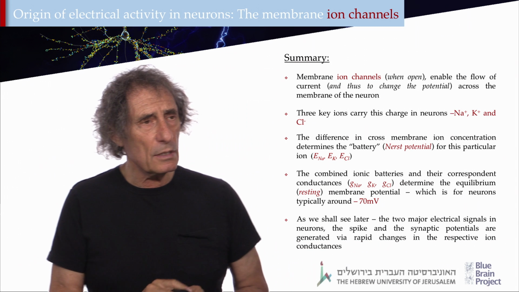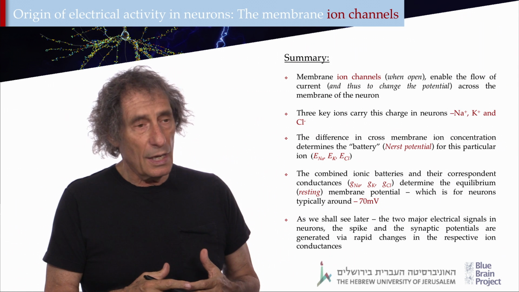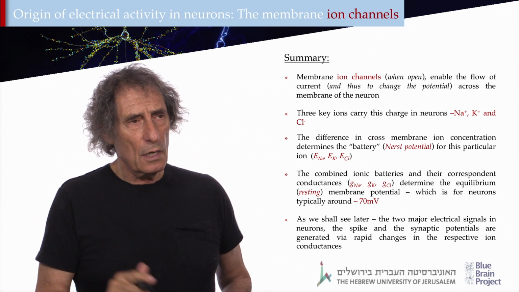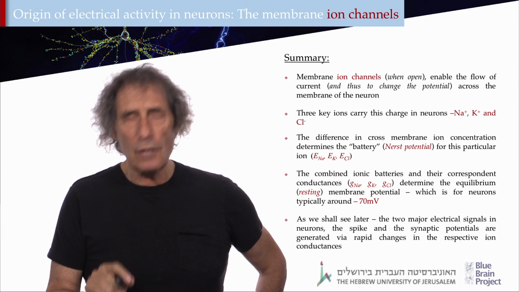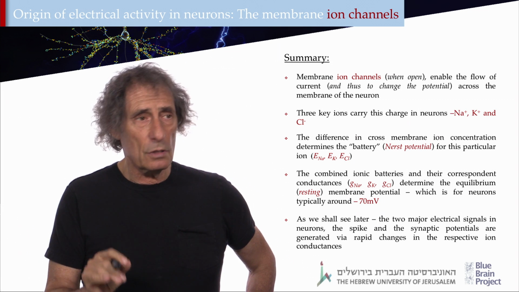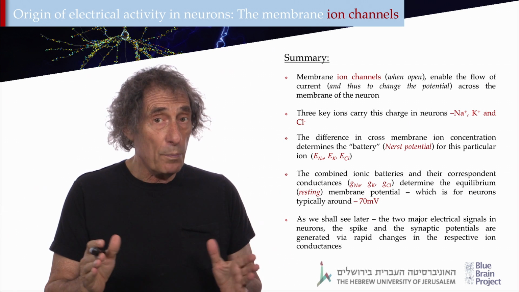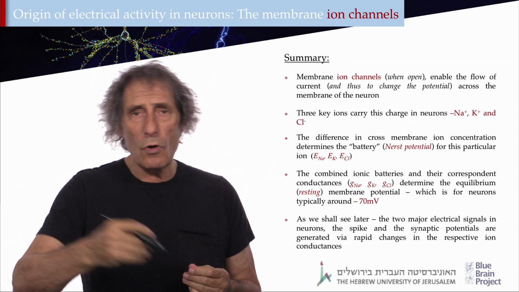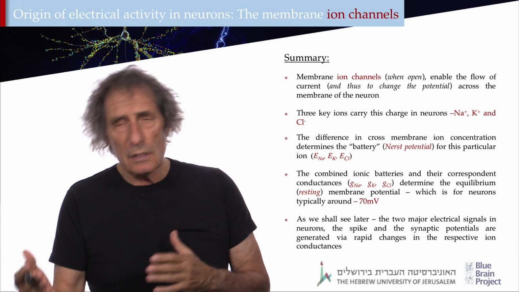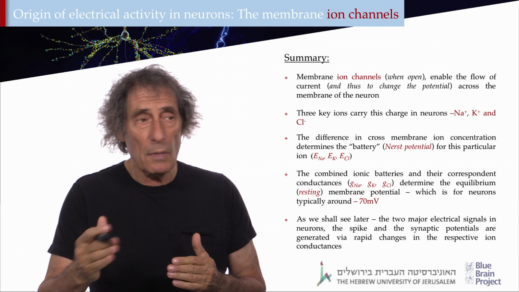So let me summarize this introductory part on the electrical activity of neurons. I just said that the membrane ion channels are the pores, the conductances, that when open enable the flow of currents from the inside to the outside or from the outside to the inside across the membrane.